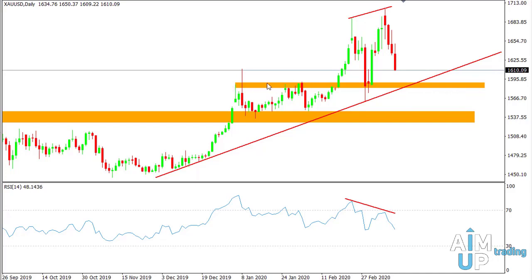And you can go long after confirmation. If the price continues going down and breaks through this zone, we can think of going bearish. But as I said, at this moment, we're not looking at the gold to trade it anymore. We'll stay away from the charts for a while and wait for another good opportunity.